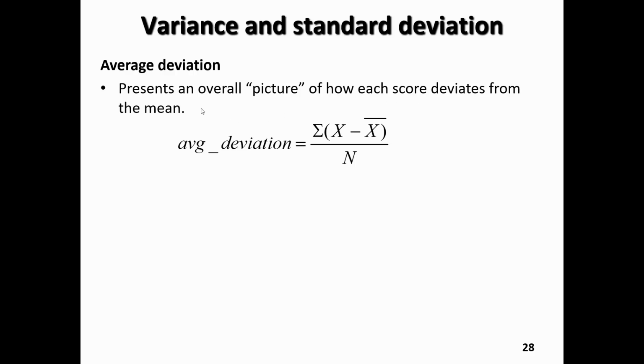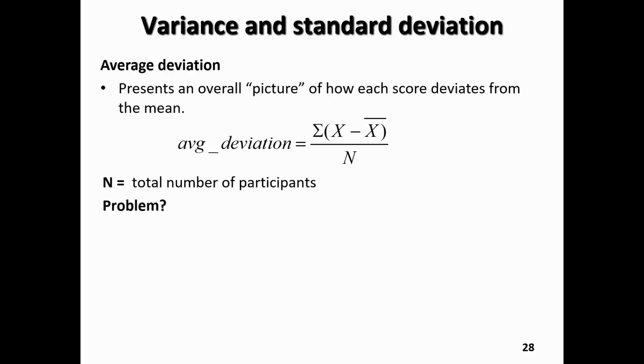Once again, if we have 30 scores, this eliminates our need to try to visually determine a pattern by simultaneously examining all 30 deviation scores at the same time. So what we can do is add up all the deviation scores and divide by n, where n equals the total number of participants, the total number of cases that make up our study.